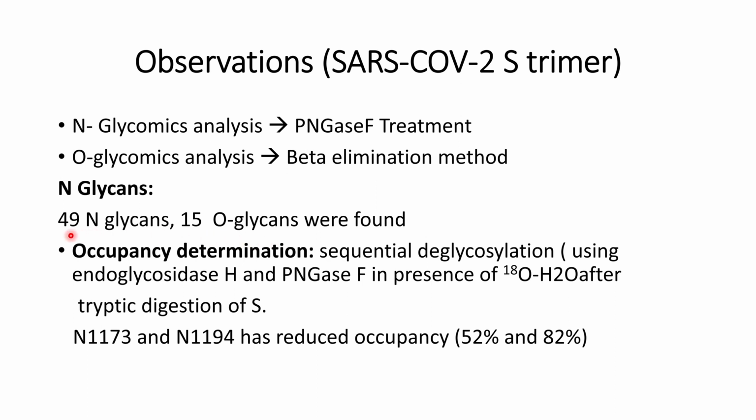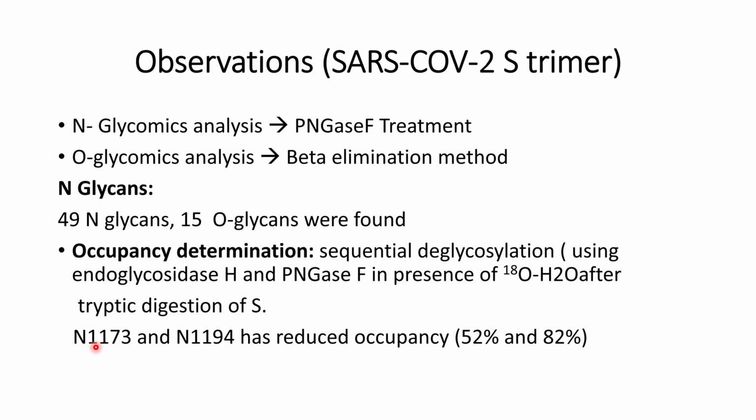In order to determine the occupancy, that is, how frequently these sites were glycosylated, they used a sequential deglycosylation strategy, which involves endoglycosidase H and PNGase F treatment in the presence of 18OH2 after tryptic digestion of S. We are not going into the detail of all of this process right now. Our main focus in this video is to understand the result.